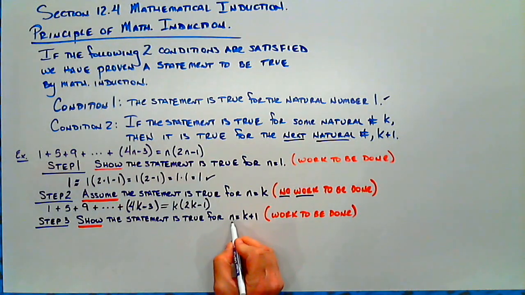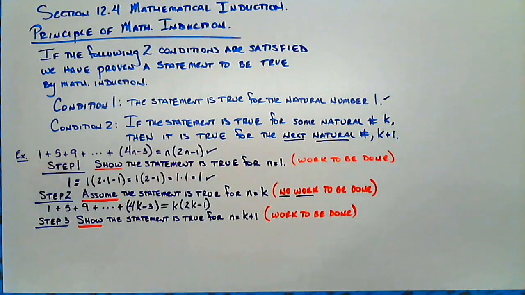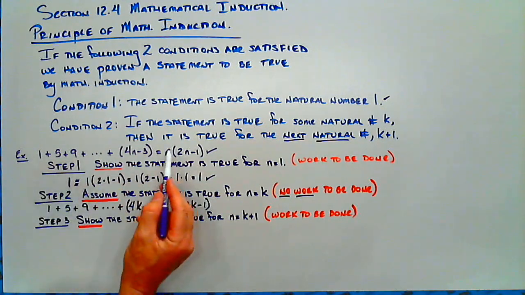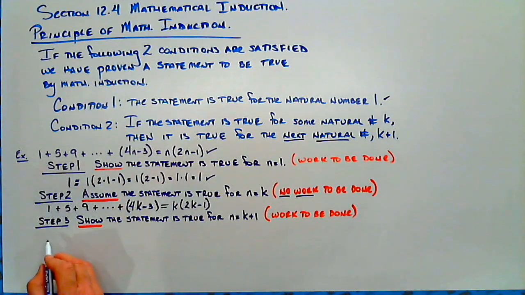Well, we're going to plug in k plus 1 into this statement right here, and we're going to try to show that it's true. It says show that this is true. So, I'm going to go back to my original statement, the problem that I saw in my textbook that said prove this to be true by mathematical induction. I'm going to rewrite that, but I'm going to rewrite it in a special way.